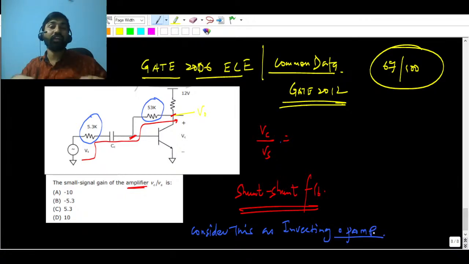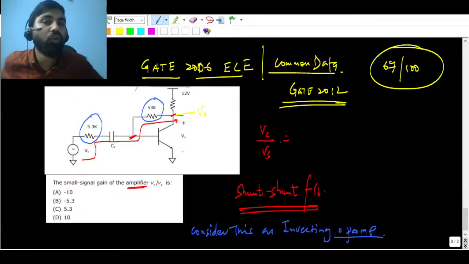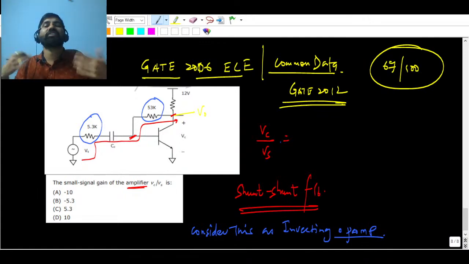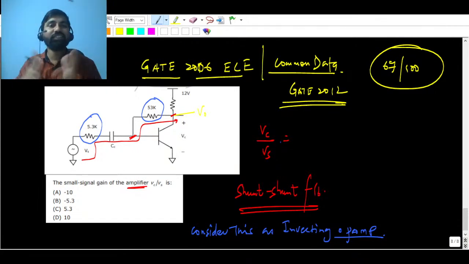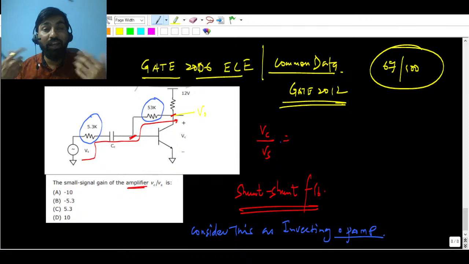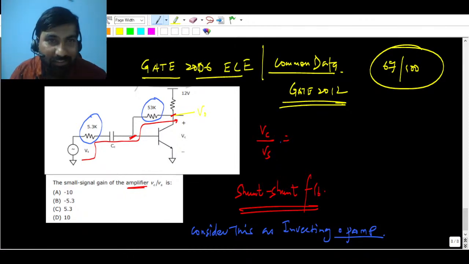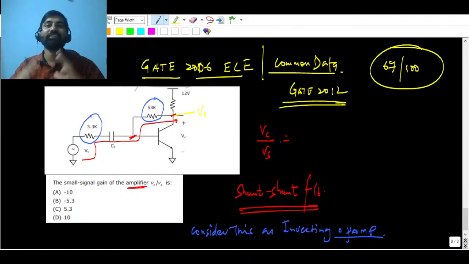The way you calculate gain for an inverting op amp, or operational amplifier, you know that overall gain depends upon the resistances connected around the op amp. Why is it happening? Because you are considering that the op amp is ideal and the loop gain is high.